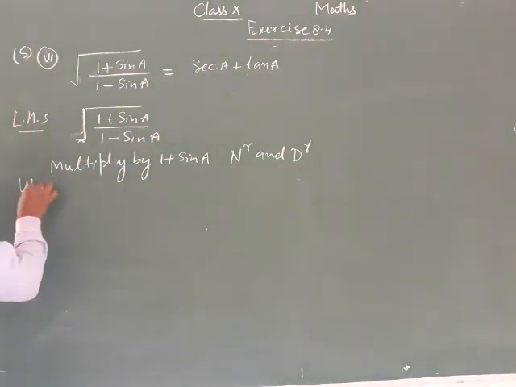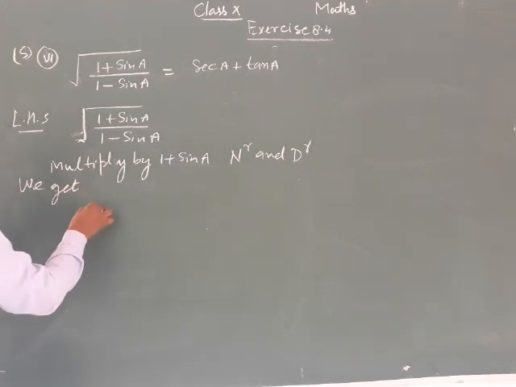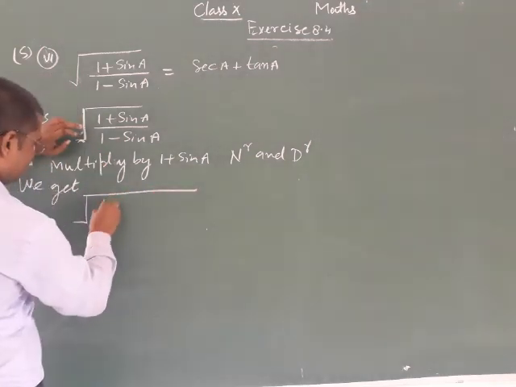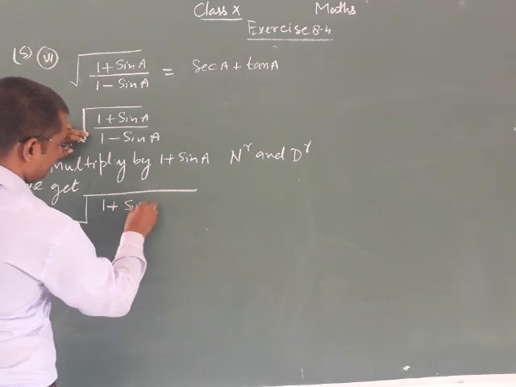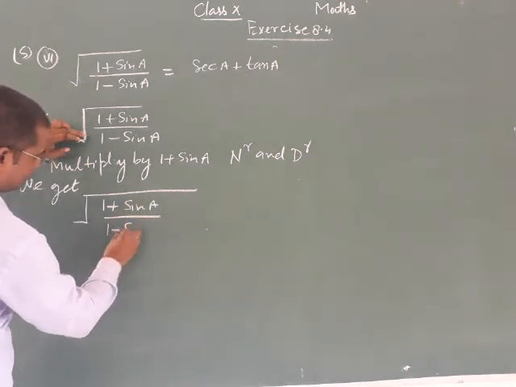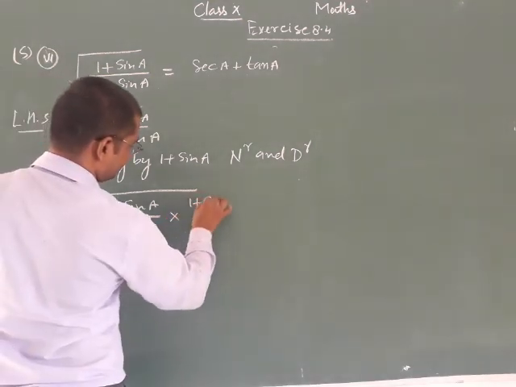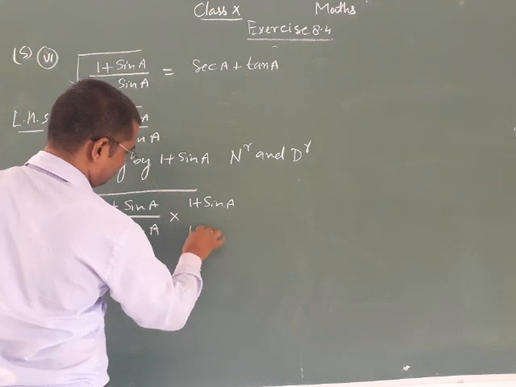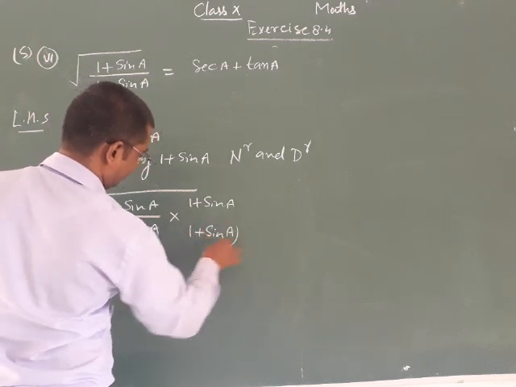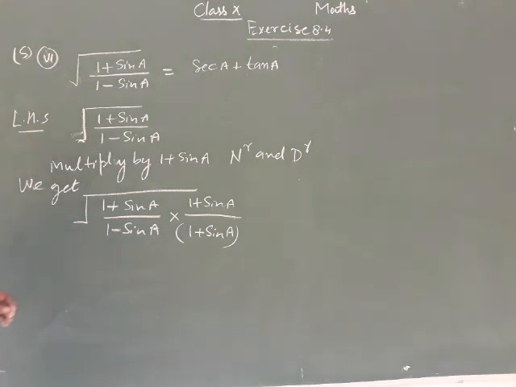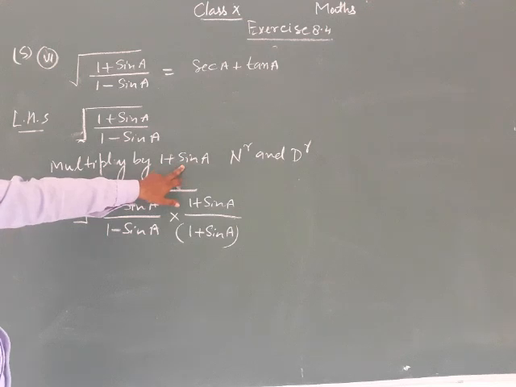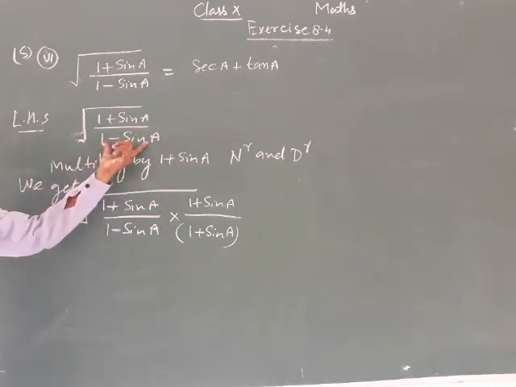Given the square root of 1 plus sin A upon 1 minus sin A, we multiply by 1 plus sin A, the conjugate of the denominator taken.